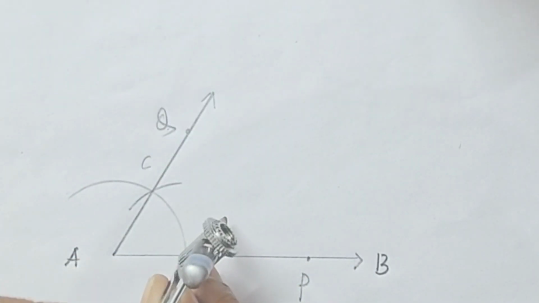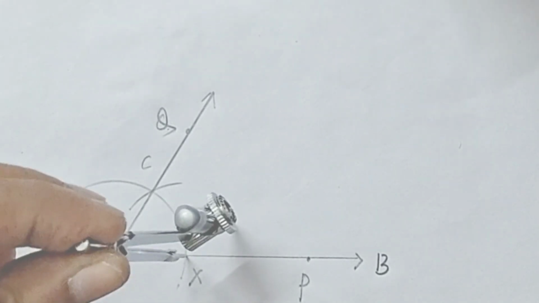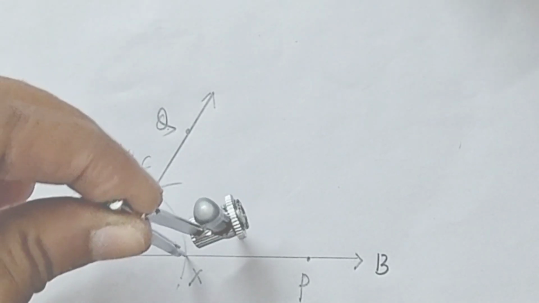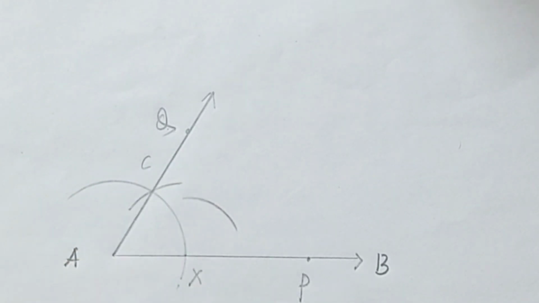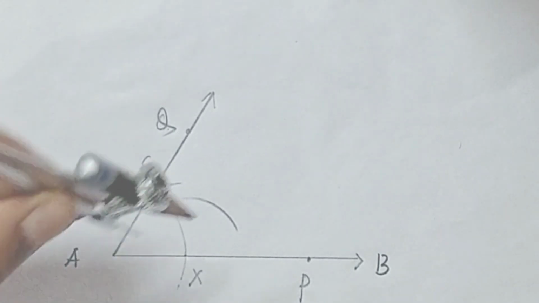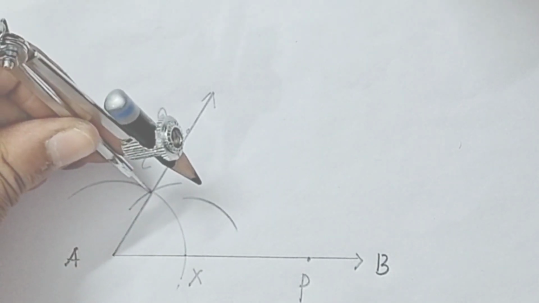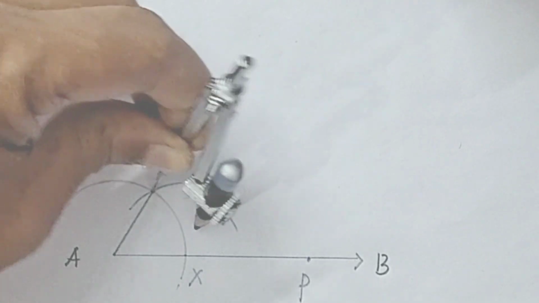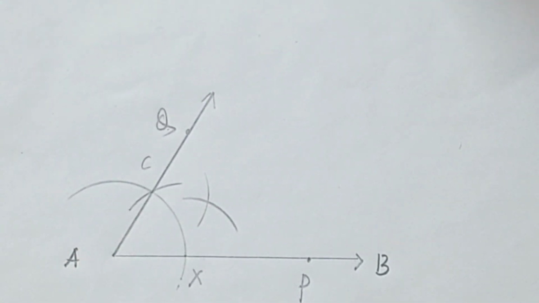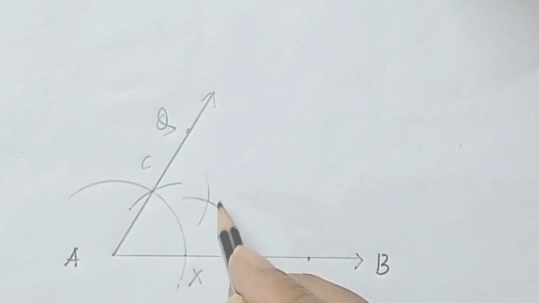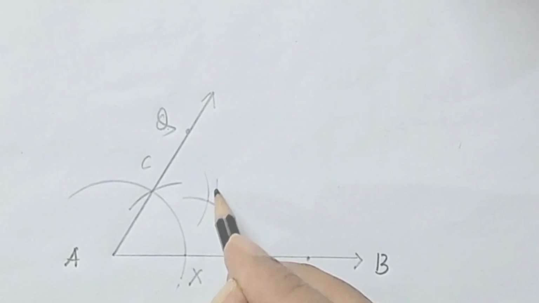We draw two arcs, one from the point X and the second arc from the point C. They intersect at a point. Let this point be R.